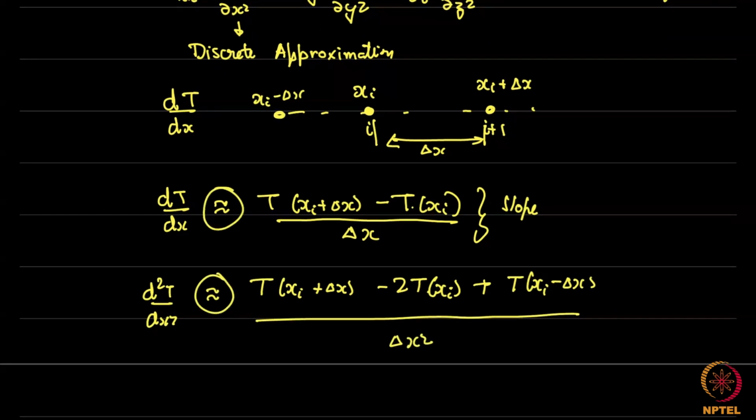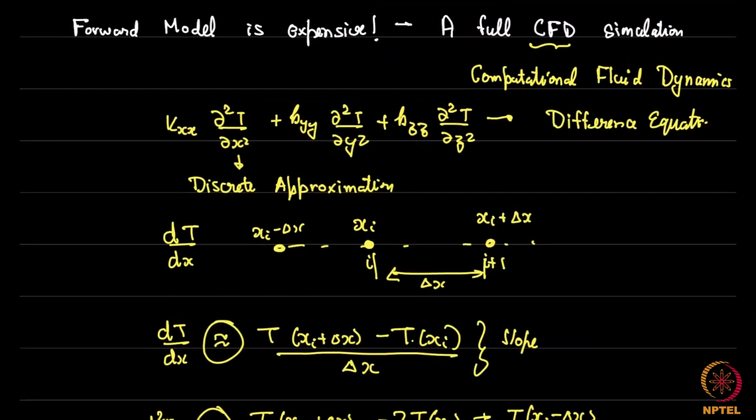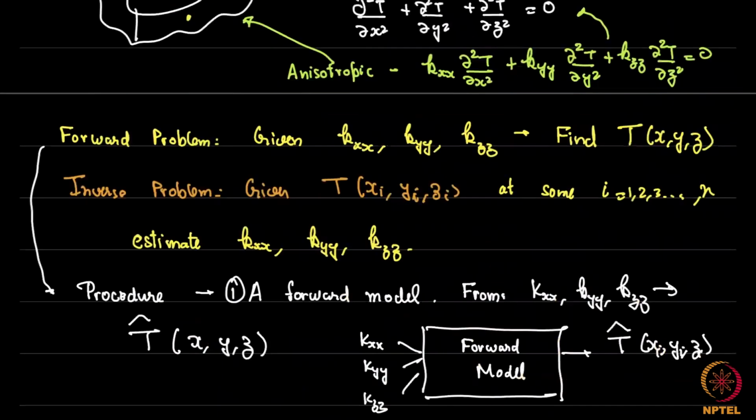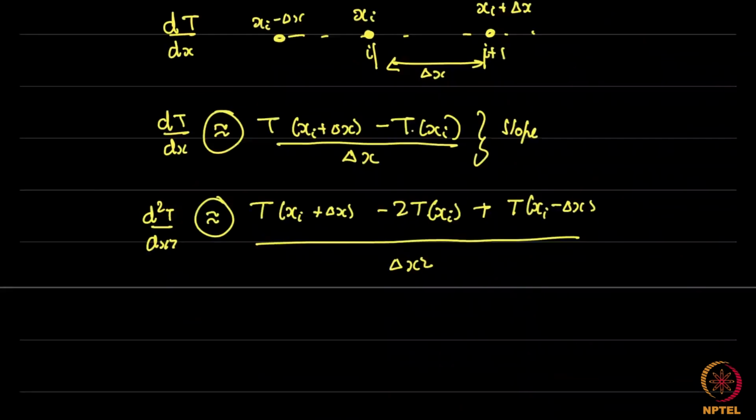Now, once you do this, this system basically becomes a system of linear equations. Why? Because all you will have is T at some point minus T at some other point plus T at some other point. It's just a combination of temperatures at a lot of places. Typically, let's say your domain looked something like this.